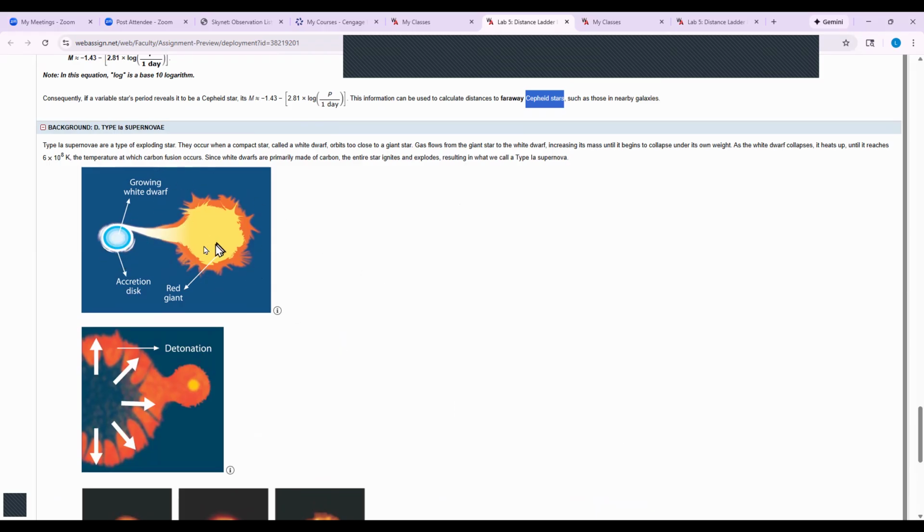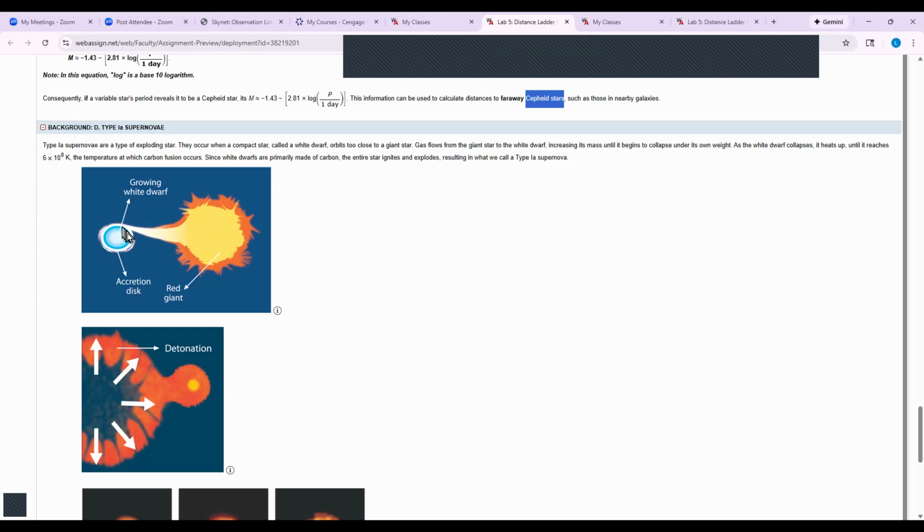Normally, a supernova is a type of exploding star. It occurs when a compact star called a white dwarf orbits a close giant. For example, if you consider this is the white dwarf and this is a giant star nearby, because of the large gravity of the growing white dwarf, it collects mass from the nearby red giant.